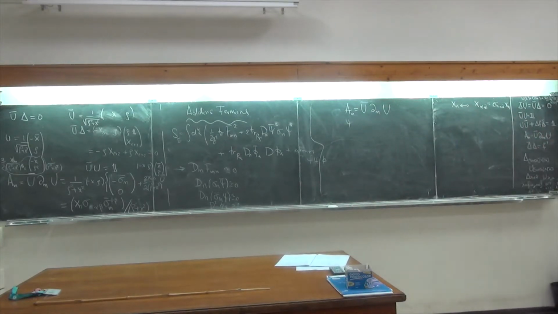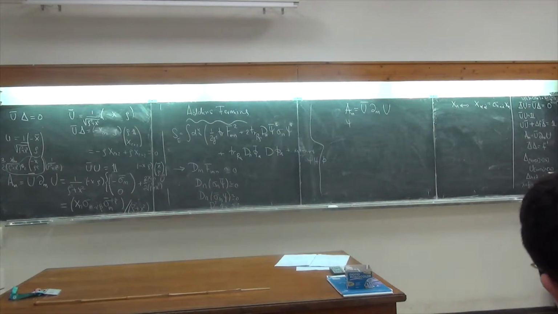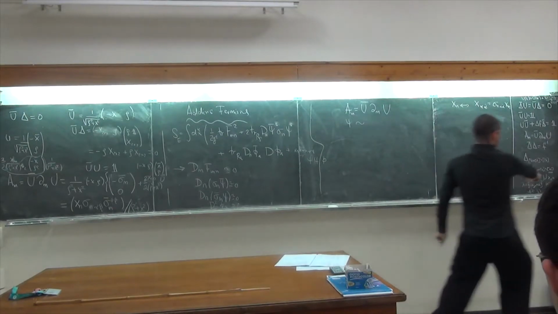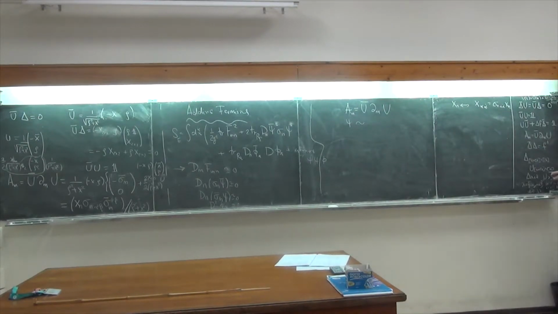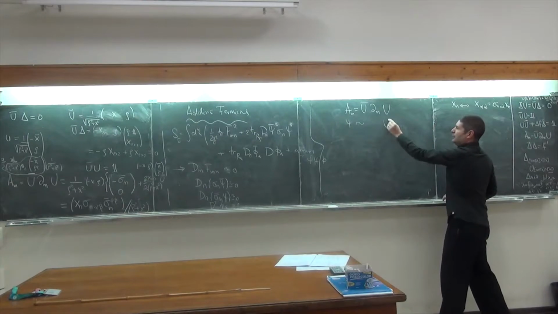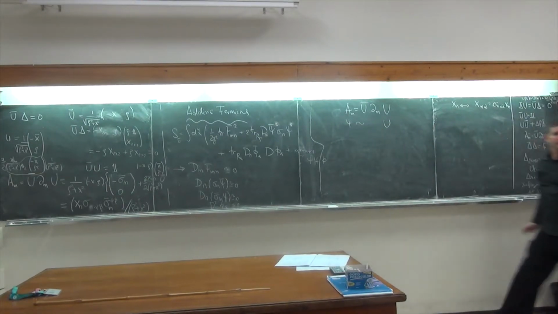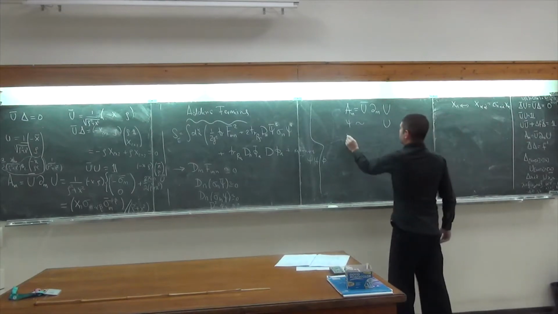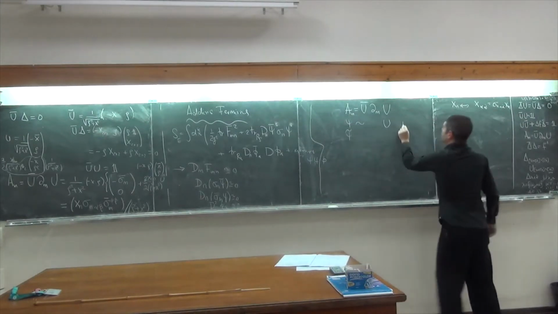Okay? Now, how will they look? Remember, this is the fundamental representation of the group. Therefore, if I have a fermion that transforms in the fundamental representation of the group, it should be U times something.